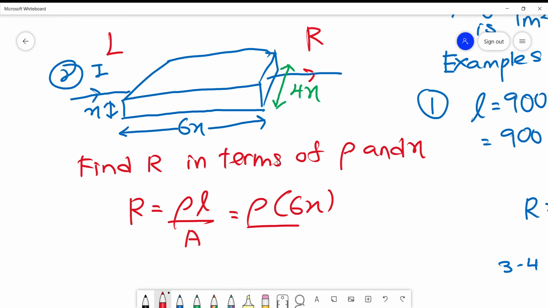Usually, for a cylindrical conductor, the cross-sectional area is pi r squared.